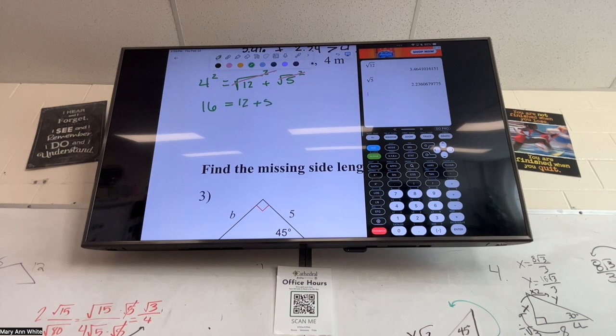So then, 16 is equal to 12 plus 5, which is 17. Is that true? No, what should my inequality be? 16 is less than 17. Less than, so which triangle is this? Acute. Good, so that's why I like to do C squared, because less than automatically goes to acute in my head.